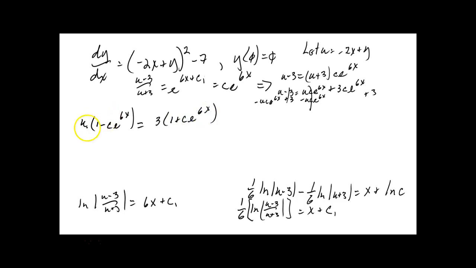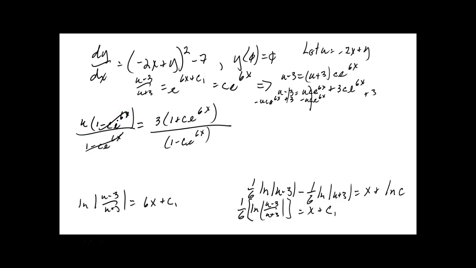Okay? Then divide both sides by 1 minus c e to the 6x. So these go away.